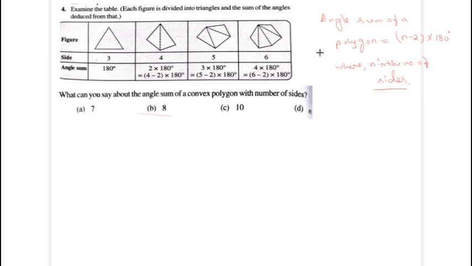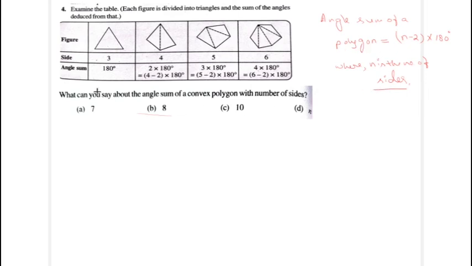From this table we can conclude that the angle sum of any polygon is (n minus 2) into 180 degrees. Now what is n? n means the number of sides of that particular polygon.